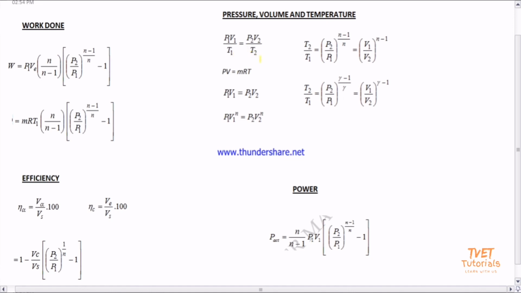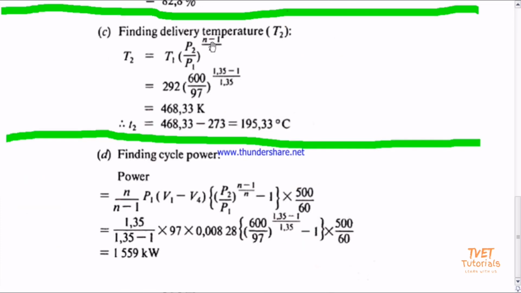Which formula can help us? We're going to select this formula here because we know we've got the temperature T1, the pressure ratios, and the index of expansion. So we are looking for the delivery temperature. This is how we do it.